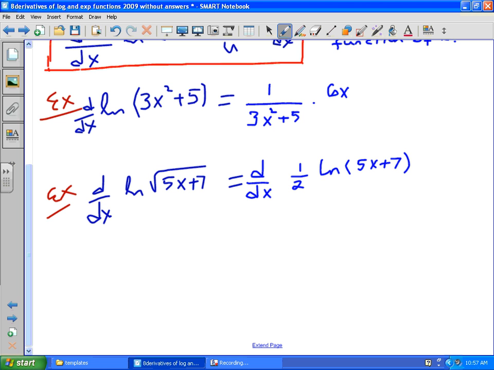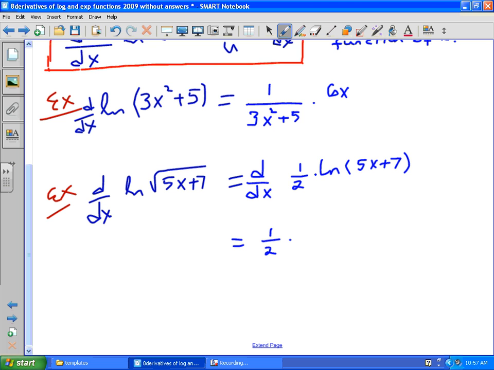Now I will give you a minute to finish the question. Differentiate this. And when you find the derivative, don't use d over dx anymore. D over dx is saying find the derivative of what comes after it. But once you've found the derivative, you don't need to keep the d over dx notation anymore. You have a constant multiple. The constant remains.